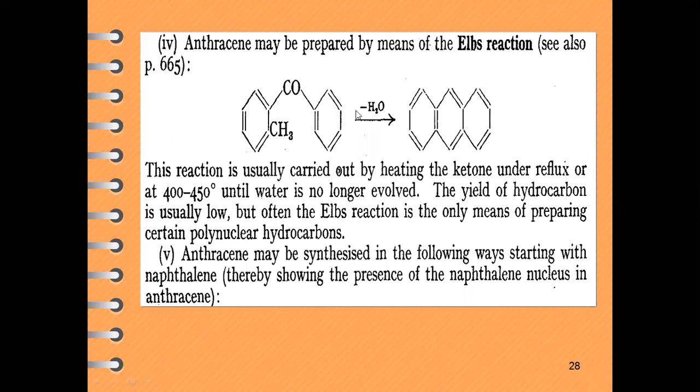So these two rings, or this diaryl ring, will be fused at high temperature. This fusing and cyclizing process at higher temperature is known as the Elbs process, which is a means of preparing certain polynuclear hydrocarbons.